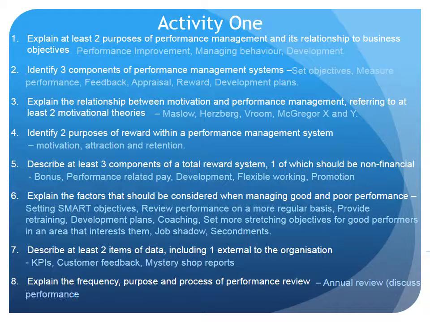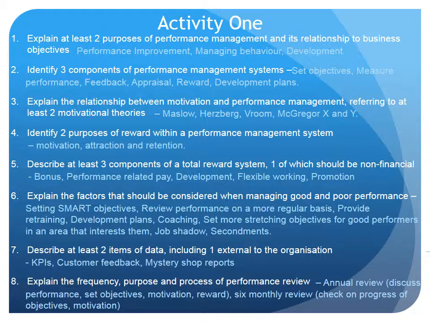This could take the form of an annual review where you would discuss performance, set objectives, provide motivation and reward. There may also be a 6-monthly review where you could check on progress of the objectives and provide ongoing motivation, and could also have monthly one-to-ones which provide regular feedback.